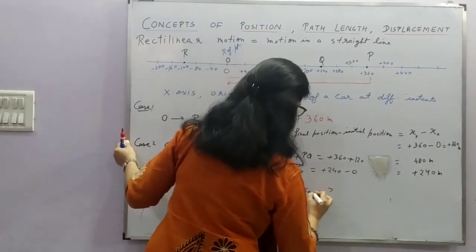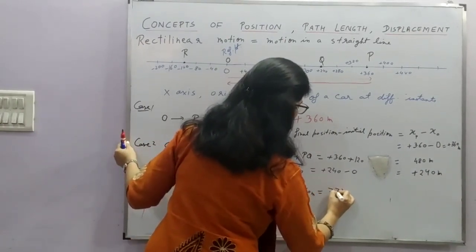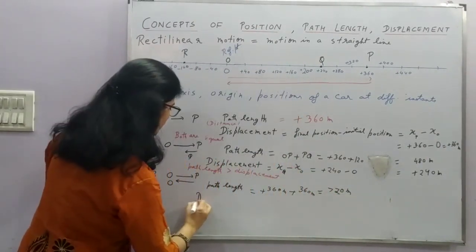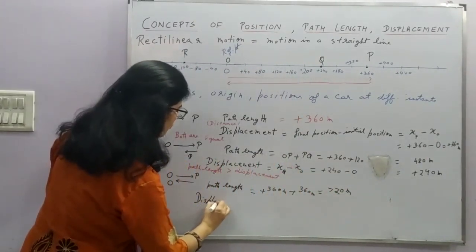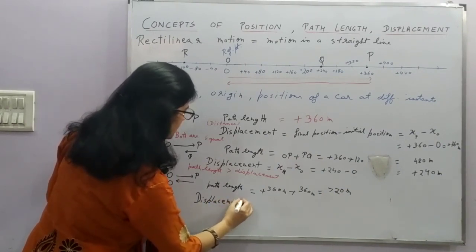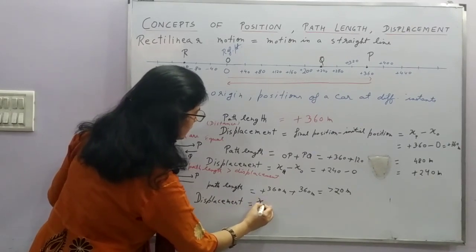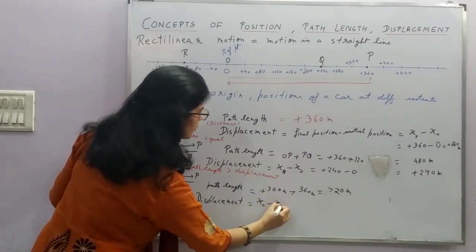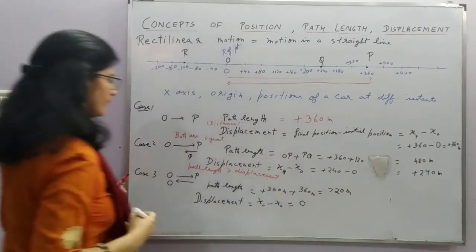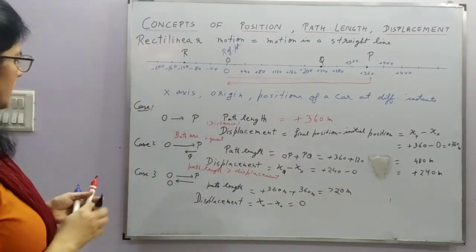That makes it 720 meters. Right? Now if we want to write the displacement, we know that the final position is O and the initial position is also O. So that makes it 0.